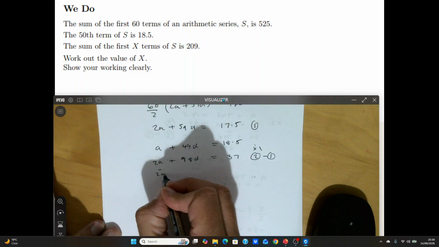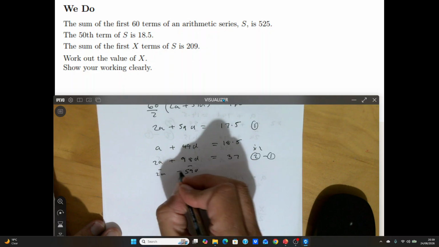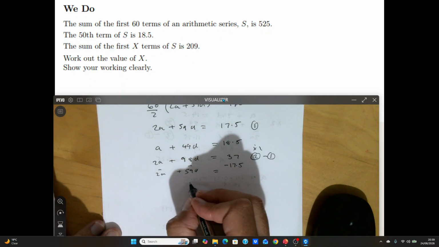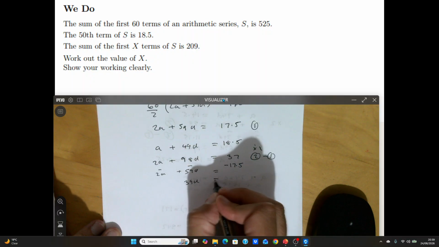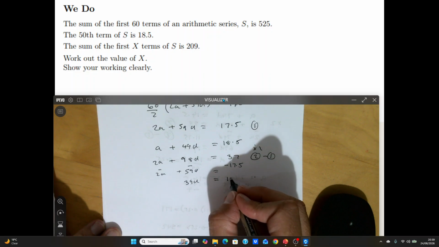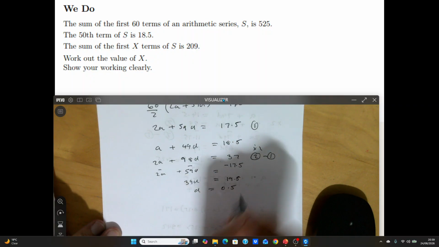So I'm taking 2a, I'm taking 59d, and I'm taking 17.5. That gives me 39d equals 19.5, so d equals 0.5.